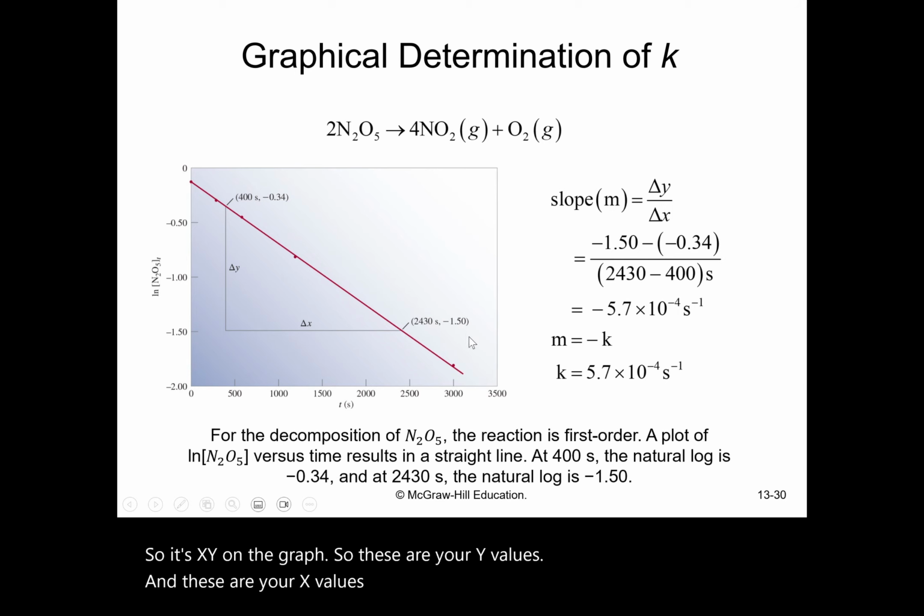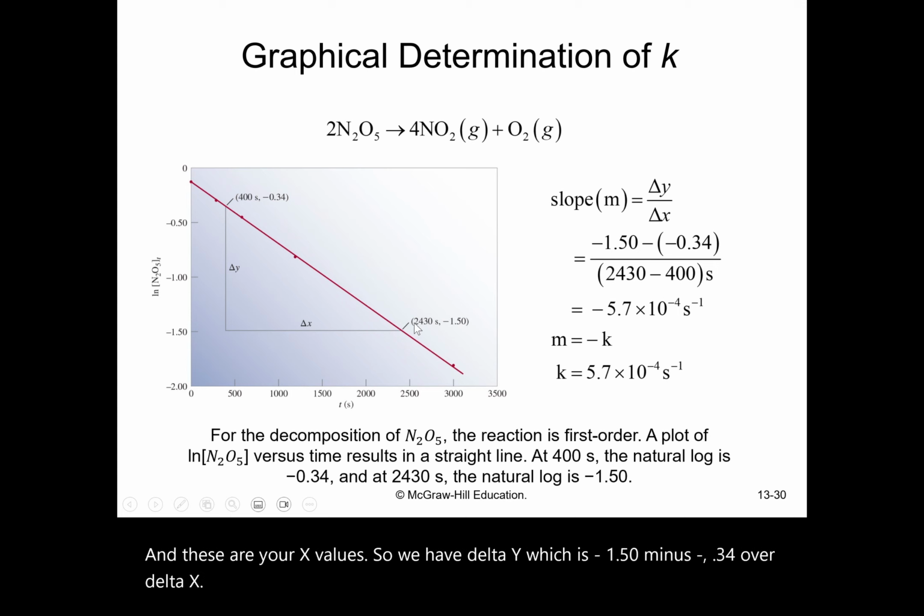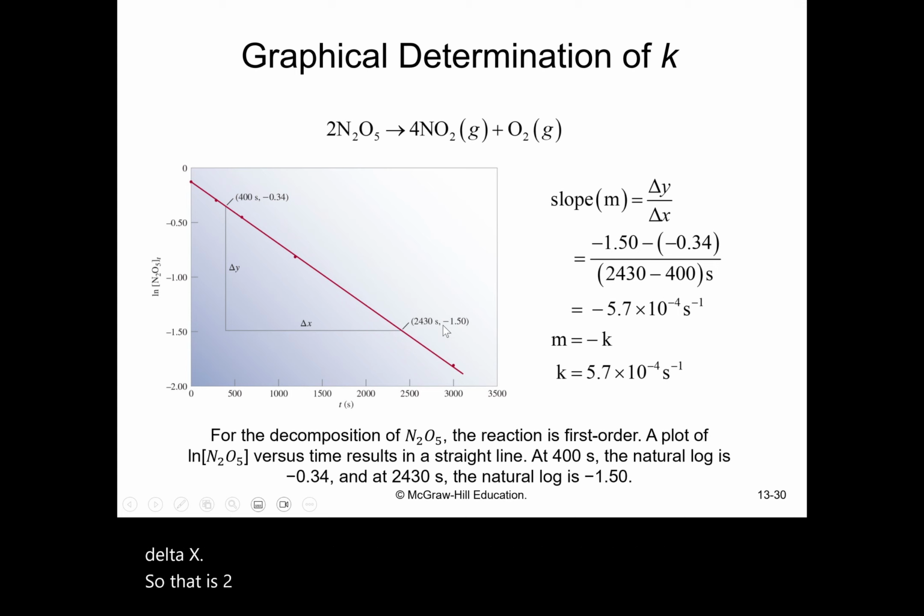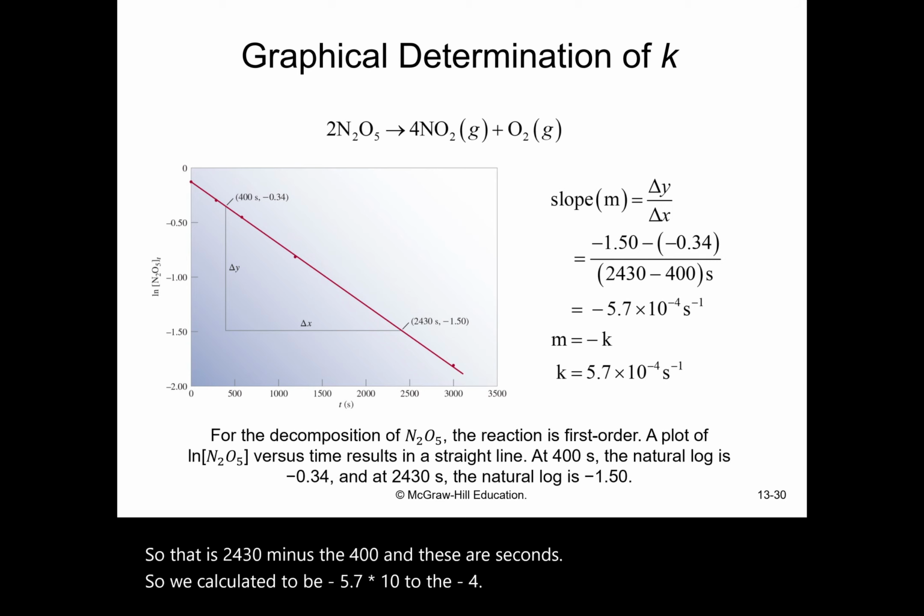We have delta y, which is negative 1.50 minus negative 0.34, over delta x, which is 2430 minus 400, and these are seconds. So we calculate it to be negative 5.7 times 10 to the negative 4 per second.